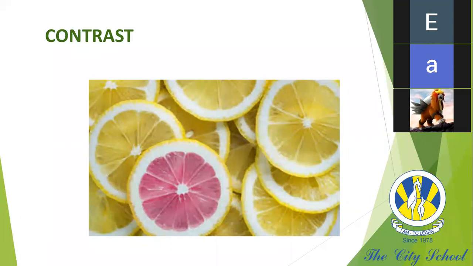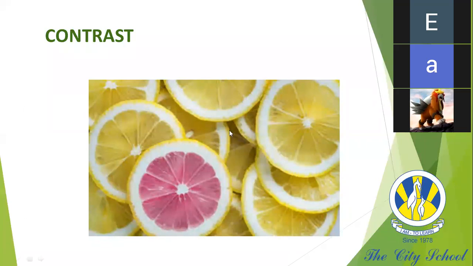All right. Now contrast. Yes, you are going to find the differences in this picture. What is the difference in this picture? One difference is lemon color. Yes, you are right.